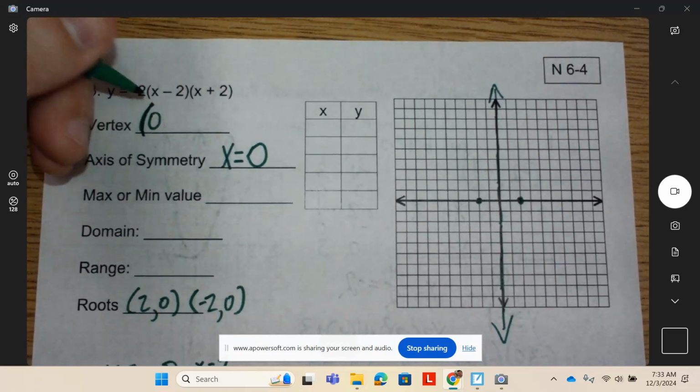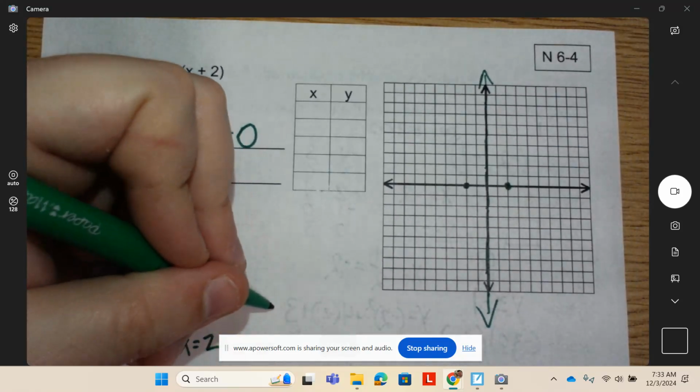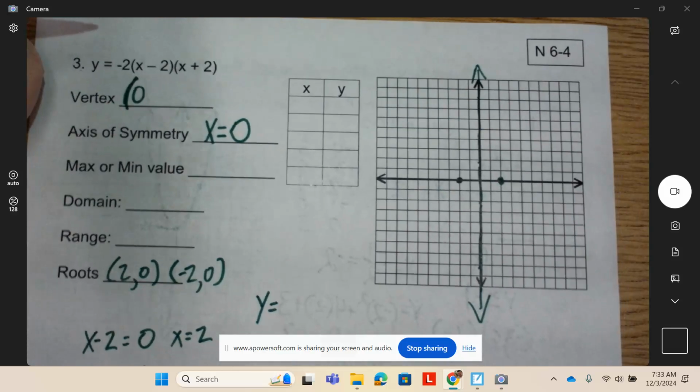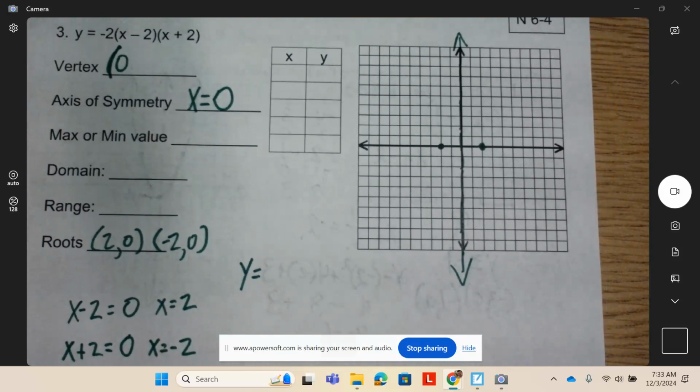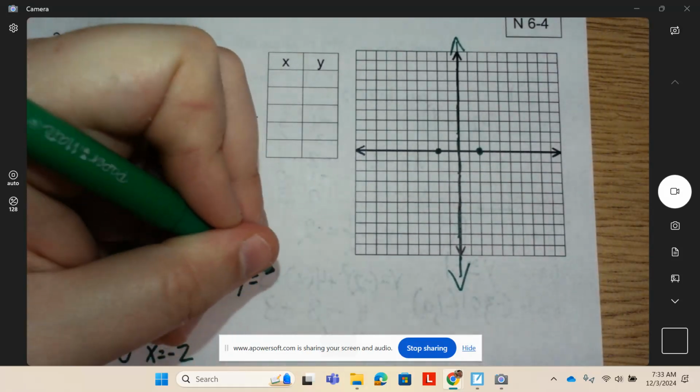So then to find my y value, all I've got to do is plug in a 0 for x into my original formula, and we'll find that y value.